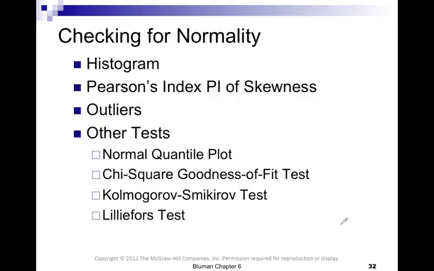The 3 we're going to talk about are histograms, Pearson's index or PI of skewness, and outliers. There's other tests called the normal quantile plot, chi-square goodness of fit, Kolmogorov-Smirnov test, Lilliefors test. We're not going to worry about those. We're going to worry about the histogram, Pearson's index of skewness, and outliers.